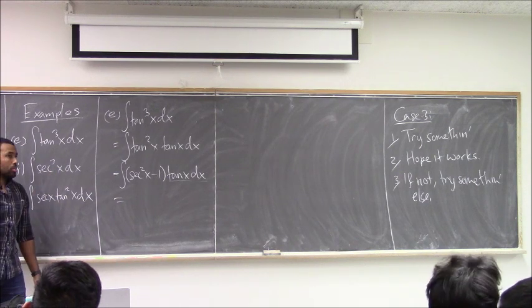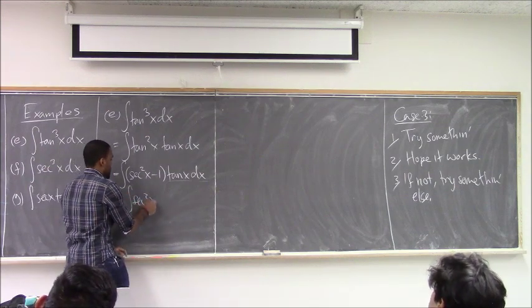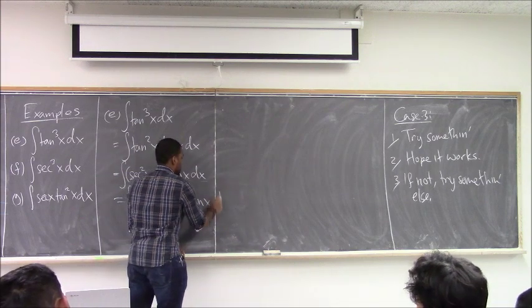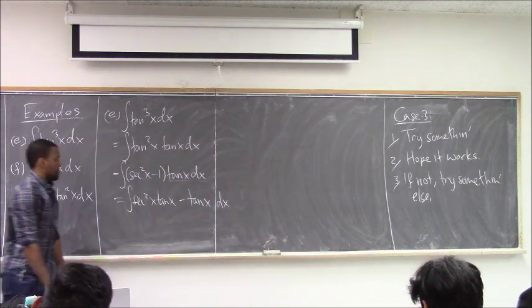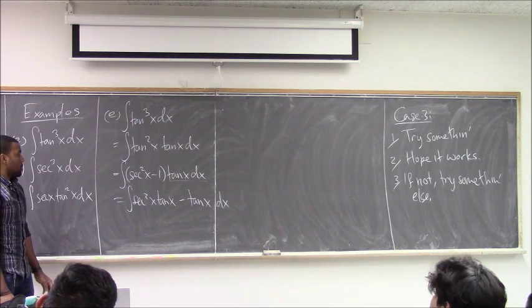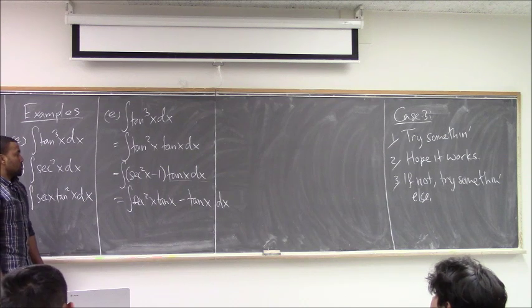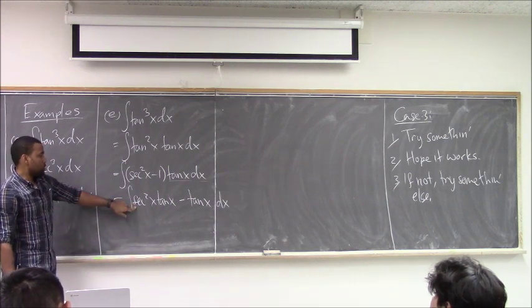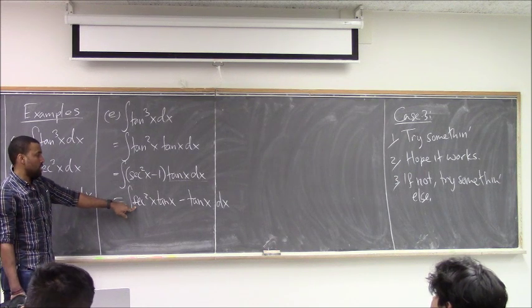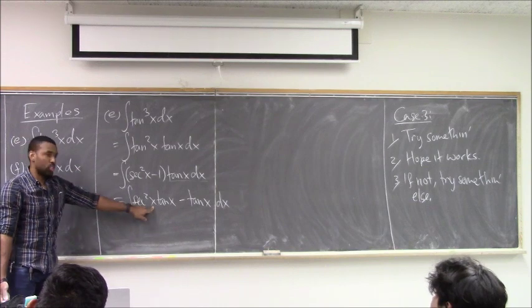If you distribute, then you can at least solve one part of it. At this point, you can make u equals secant, and you'd have the secant tangent there to be the du. You could also make u equals tangent, and then the secant squared is your du.